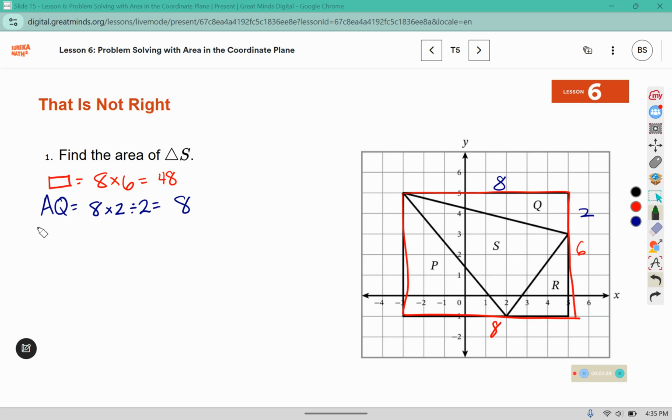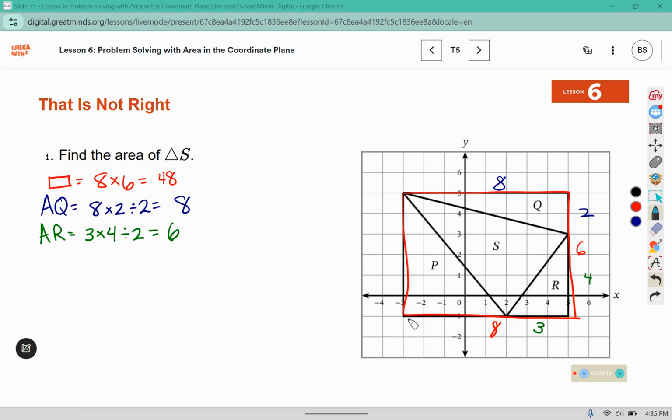For triangle R, the area would be a base of 3 and a height of 1, 2, 3, 4. Divided by 2. 3 times 4 is 12. 12 divided by 2 is 6.